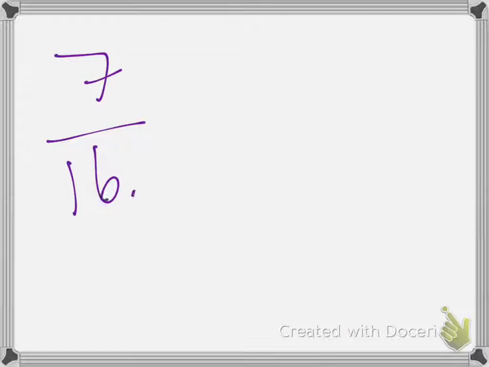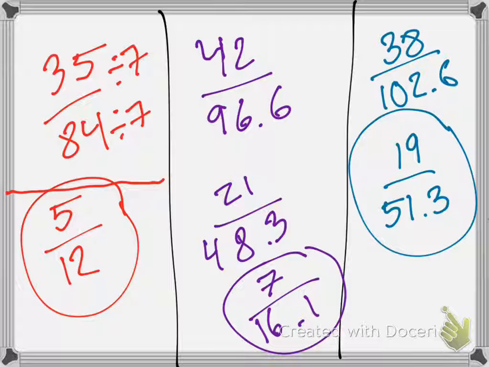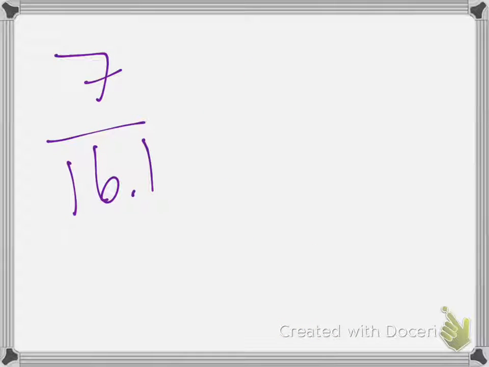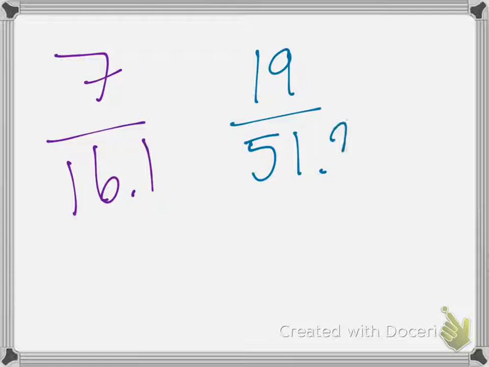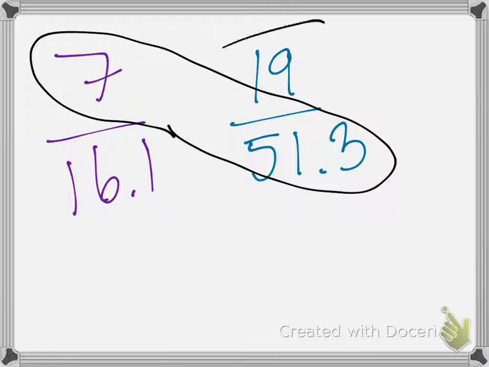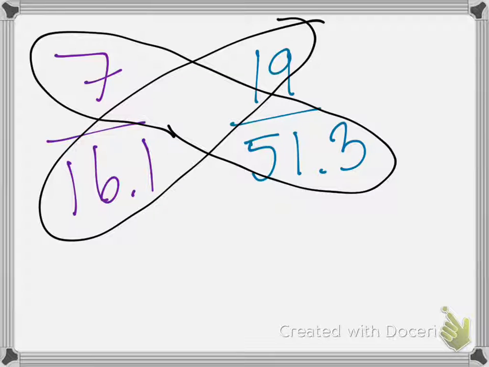So now we have 7 over 16.1, and we're comparing that one to 19 over 51.3, right? Just by looking at this one, without even doing much math, which one do we think is going to be bigger? Remember, we're doing butterfly math.